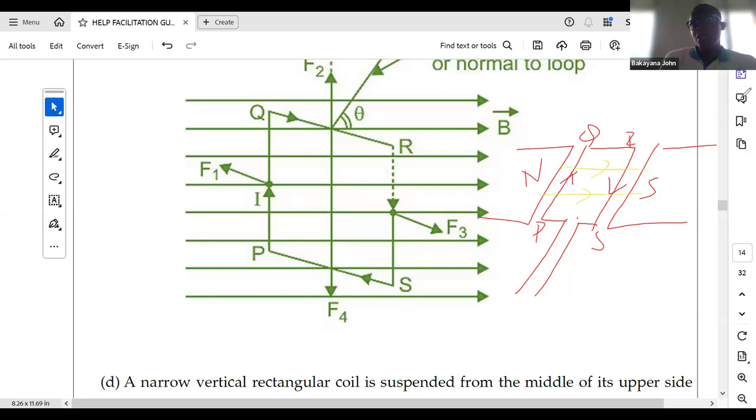From north to south. So you remember that every time a field line or the magnetic field meets current at 90 degrees in accordance to Fleming's left-hand rule, automatically a force is generated. So a force is generated when the current meets the field at 90 degrees.